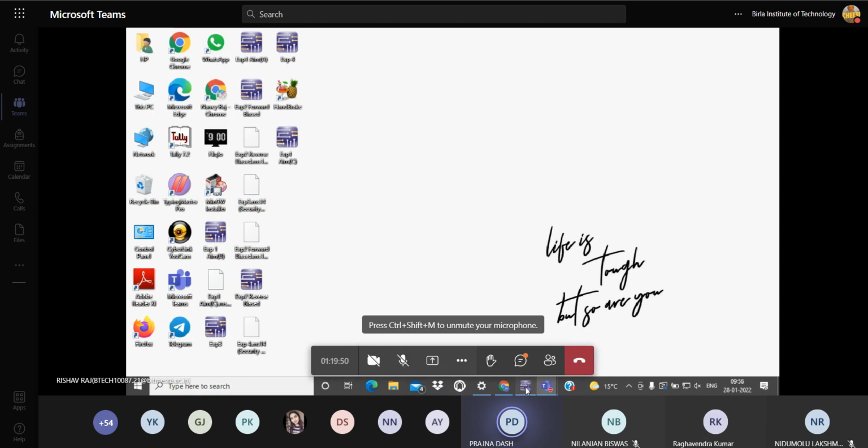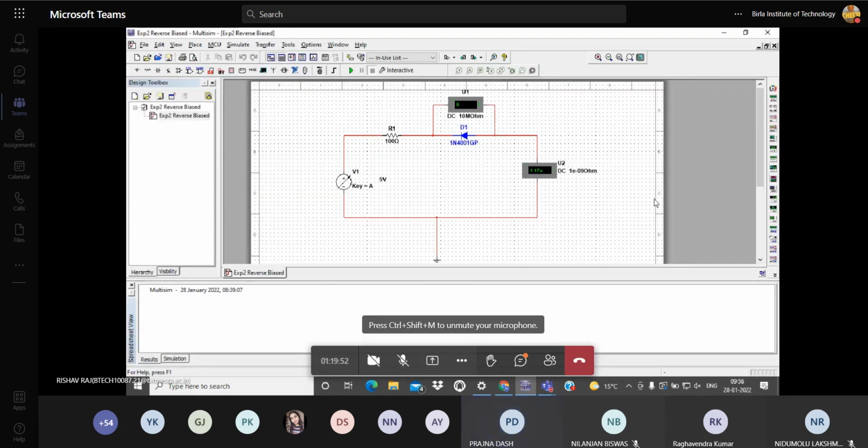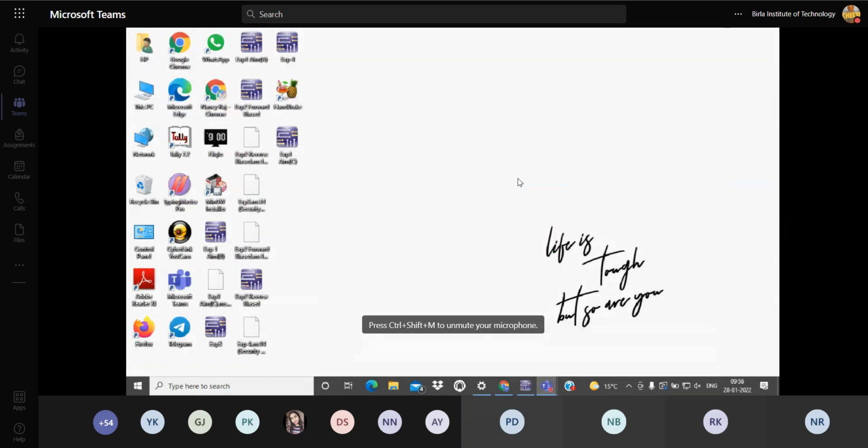I just have to connect the circuit and then I can show you.